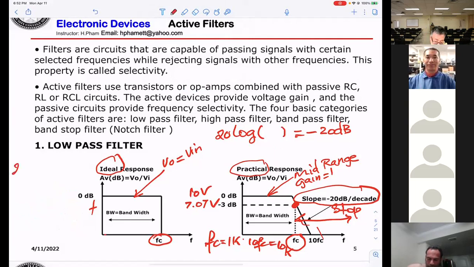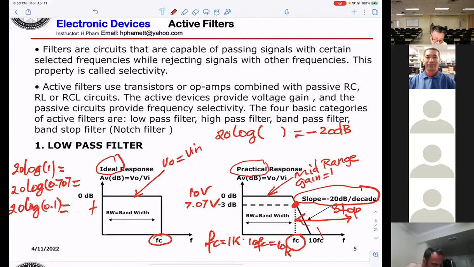Okay. 20 log of number 1, 20 log 0.707, 20 log 0.1.